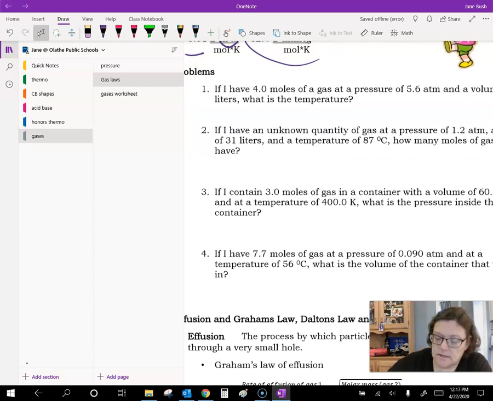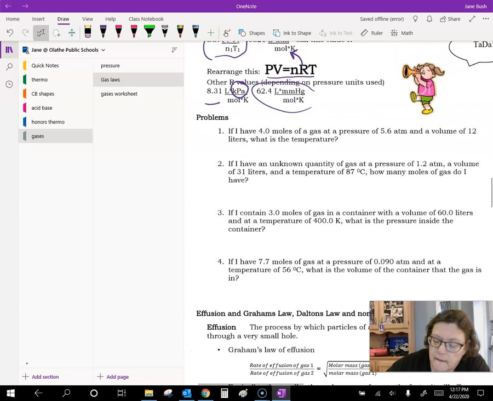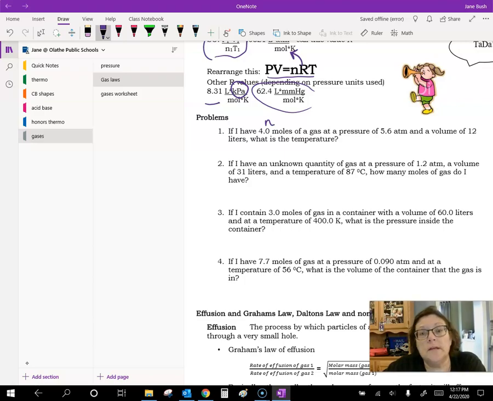Okay, so let's practice a couple. I have 4 moles of a gas. 4 moles is our value for N. P is our pressure, 5.6 atmospheres. Volume is 12 liters.